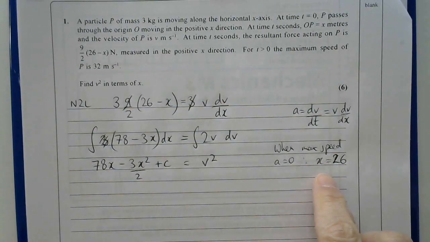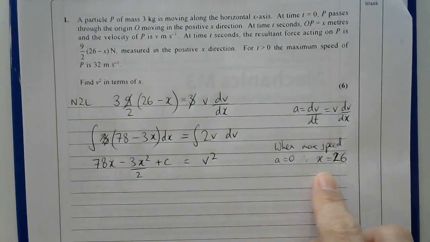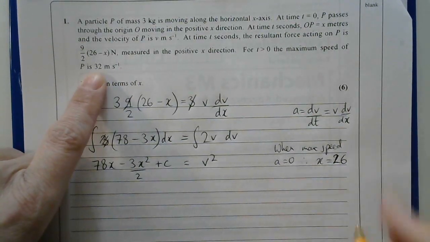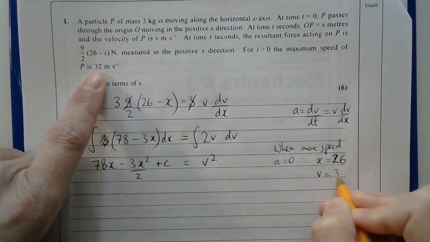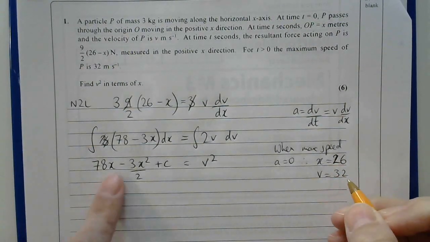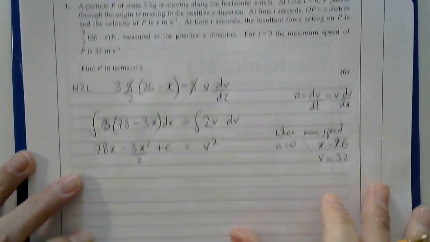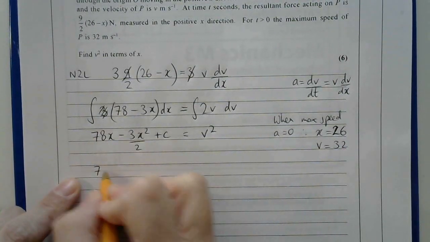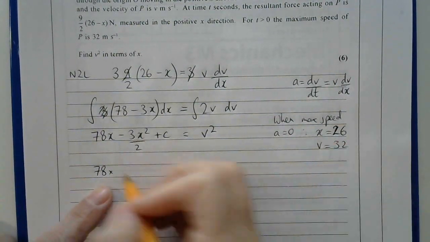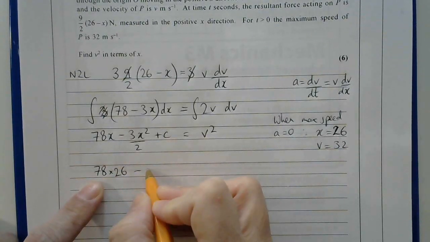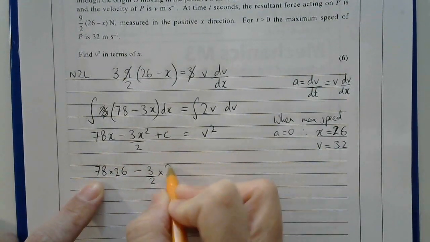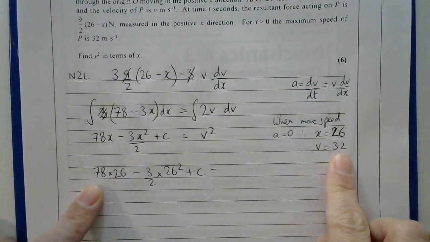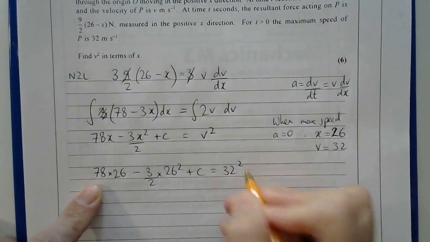Okay, so I can pop that together with this, v is 32, this and this, into here. So popping this in, I get 78 times 26, minus 3 over 2 times 26 squared, plus c will give me v squared, which will be 32 squared.